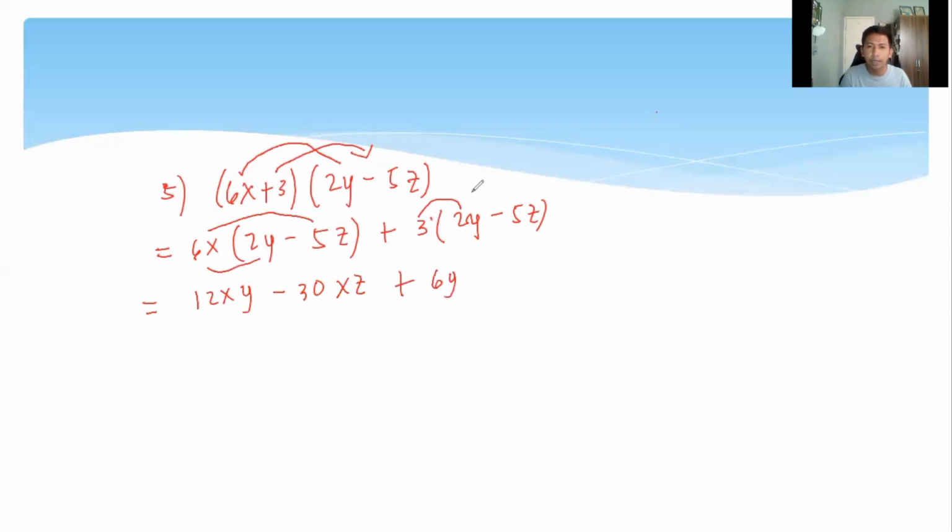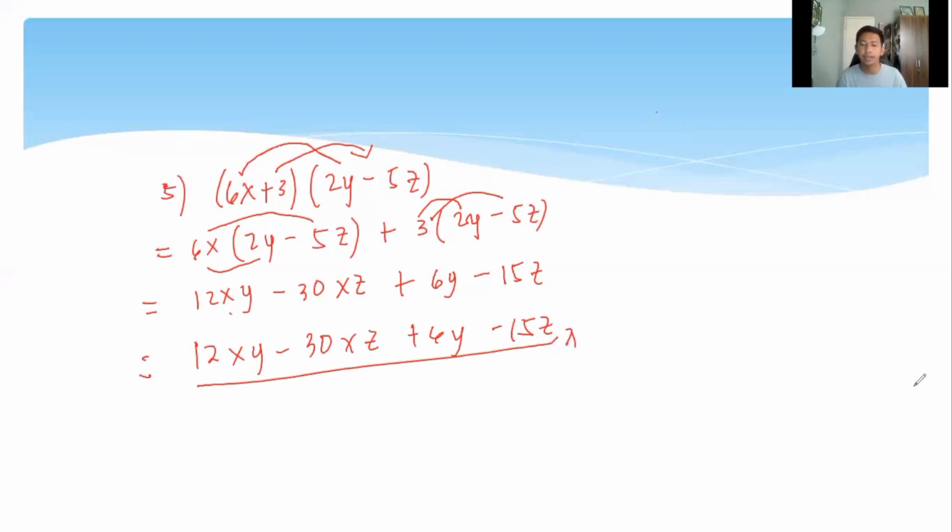And then 3 times negative 5z, that will give us negative 15z. And then we combine like terms if there are like terms. Meron ba? Meron bang xy? Wala. Xz? Wala rin. Y? Wala. Z? Wala. Therefore, our final answer is 12xy minus 30xz plus 6y minus 15z. Okay, yan na po yung final answer natin.